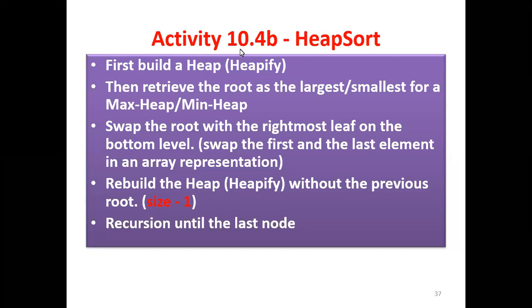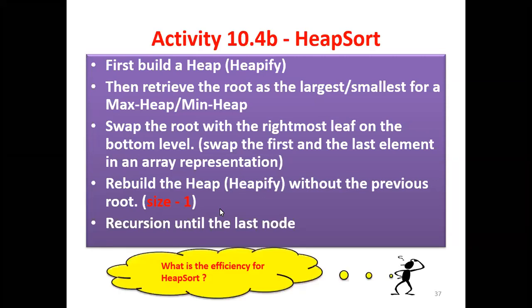Then we perform the sorting, rebuild the heap without the previous root, and continue until we have the data sorted. So in this case, what do you think is going to be the efficiency for the heap sort? The efficiency for the heap sort is still of the order of log n.